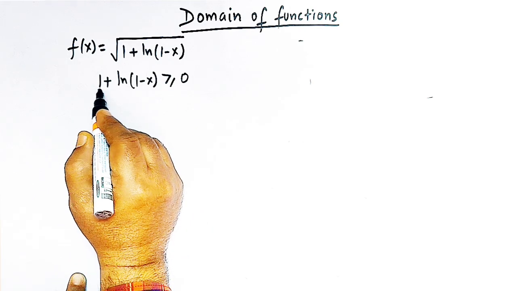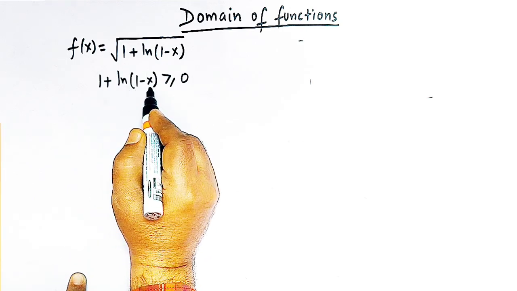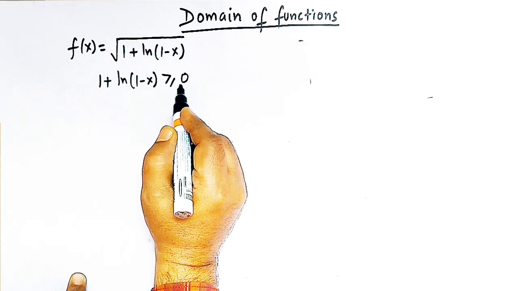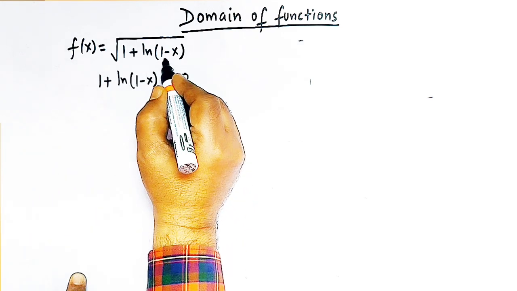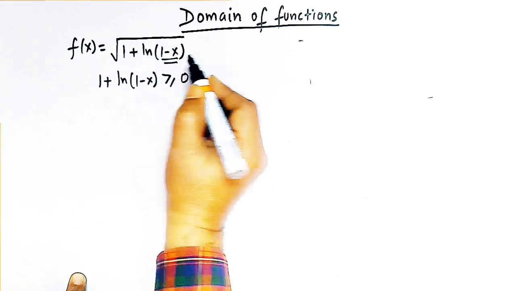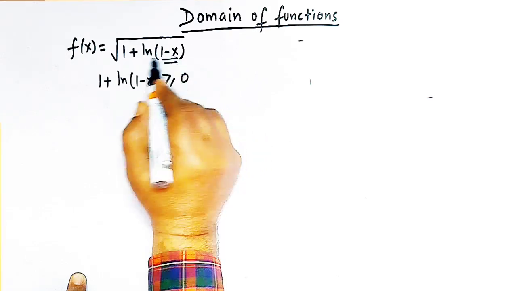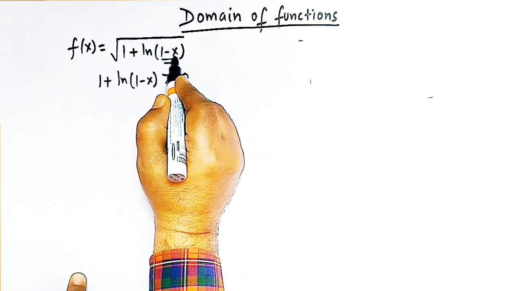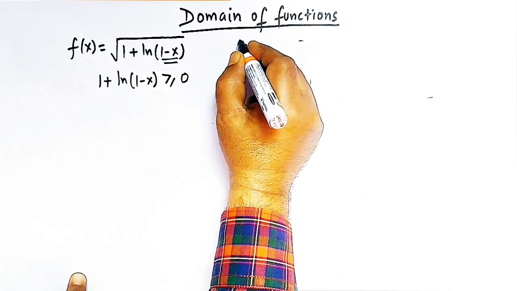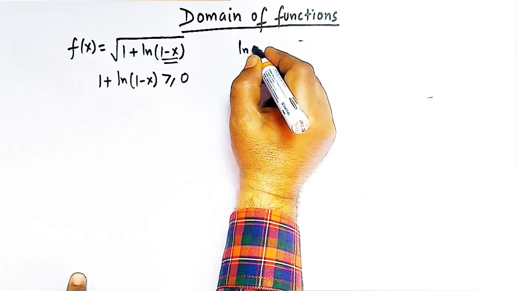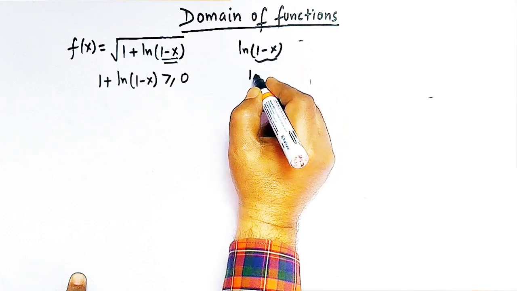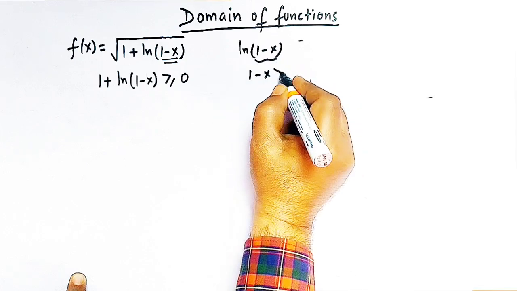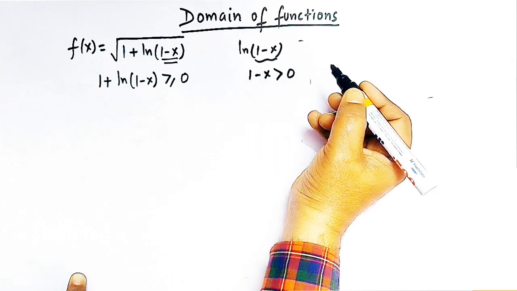And the second condition is that, because we have natural log of 1 minus x, in order to define this term, 1 minus x has to be greater than 0, right?